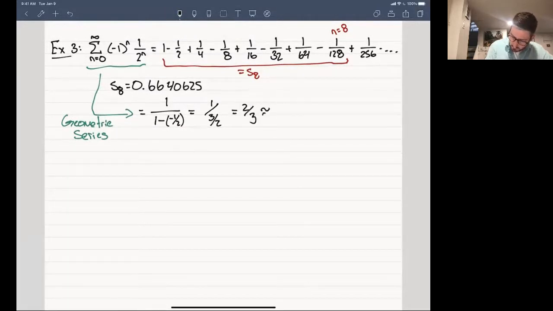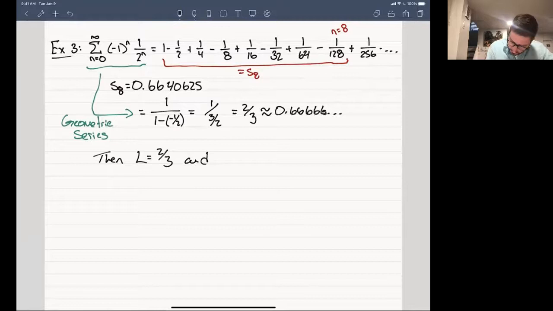And just so we remember, this is like 0.6 repeated. Okay. So clearly we're underestimating because S8 is at 0.664. So then L is equal to 2/3.